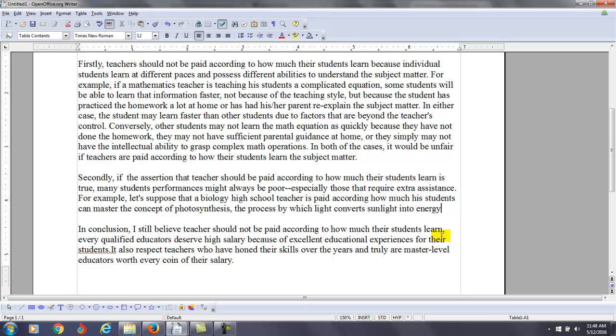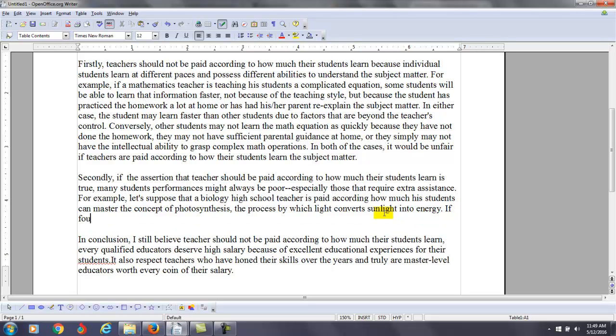So what am I doing here? I'm giving a specific example to help support the generalization about how students' performances might be affected. So we've set up the example here.